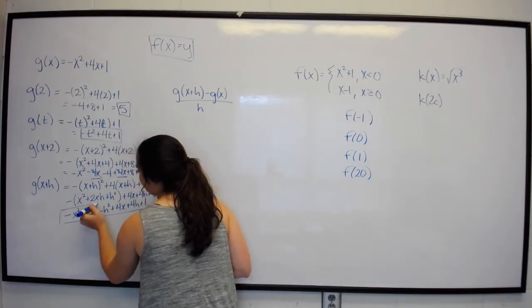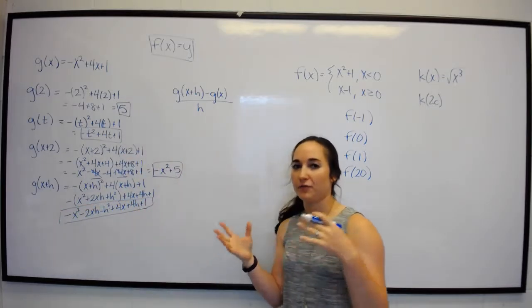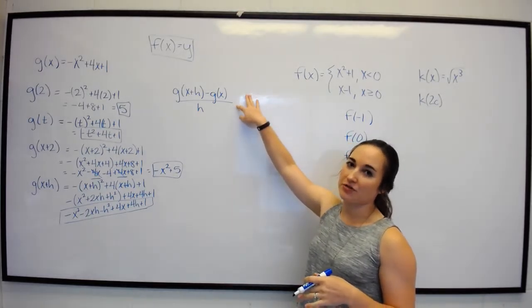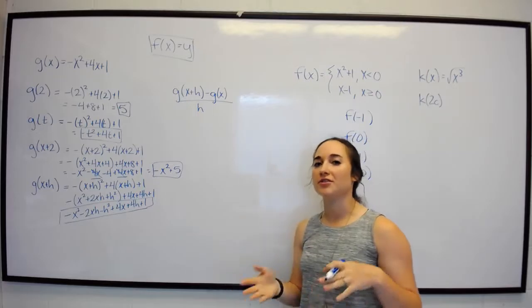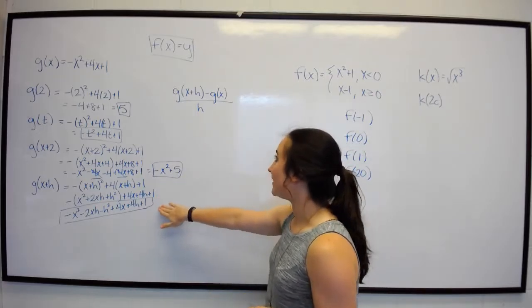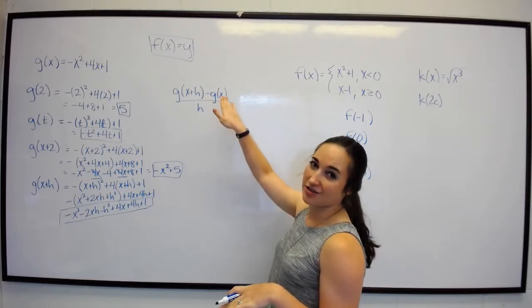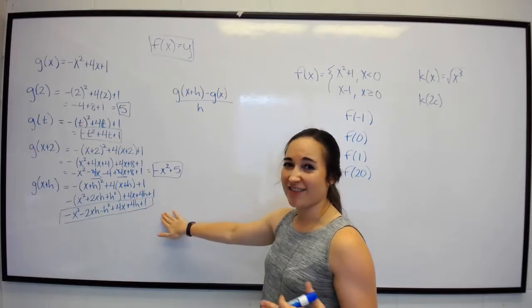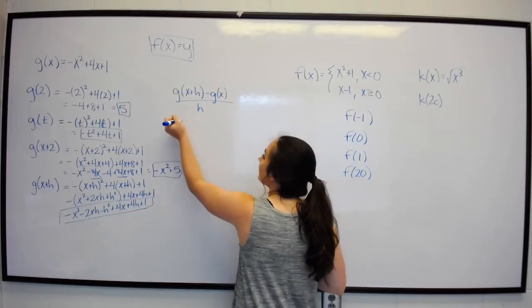We need to know how to find f or g of x plus h whenever we're doing something like this, which is called the difference quotient that you will use later on in calculus for derivatives. So what we need to do here, we need to find g of x plus h minus g of x and divide that by h. We already have it, so there's no need to do it again.